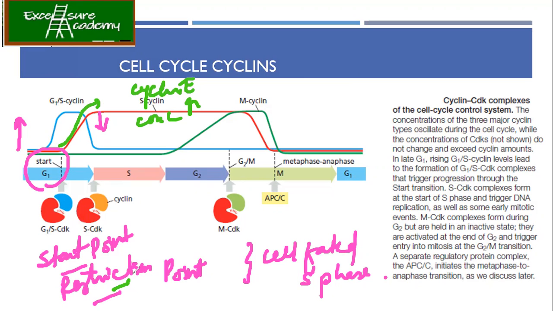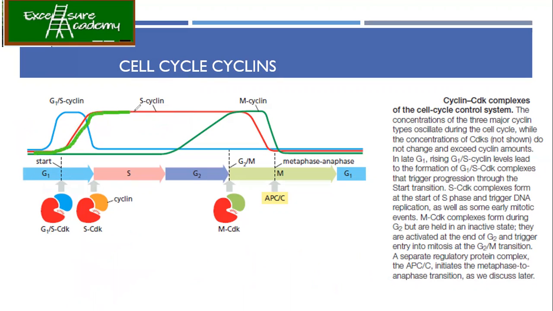Even after that, if there is damage to the DNA, the cell is still going to enter the S phase. So the moment it has crossed, the concentration of S cyclin, or cyclin E, starts increasing. You can see that it will be present throughout and it will get over at the end of the G2 phase.